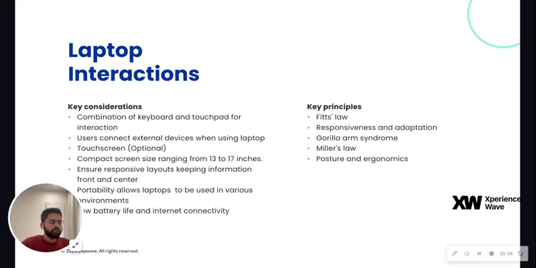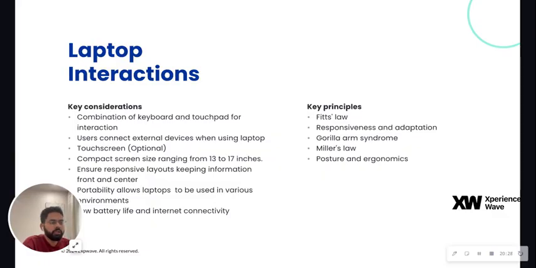Whatever the important features are, they should be presented at the front and in the center of the layout. You also have to take into account the context of use, because laptops are often used in various environments, from desks to cafes to public transport as well.